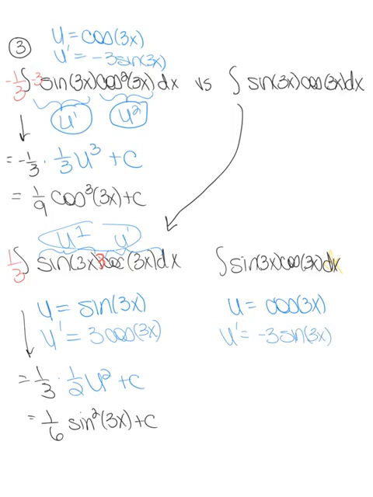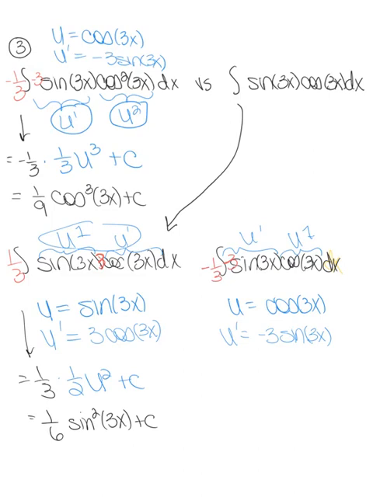Derivative of cosine of u is the sine of that u times u prime. So now this actually becomes my u to the first, and I almost have my u prime here. Once again, the only thing I need is, in this case, a negative 3. So I'm going to multiply on the outside by the negative 1/3.